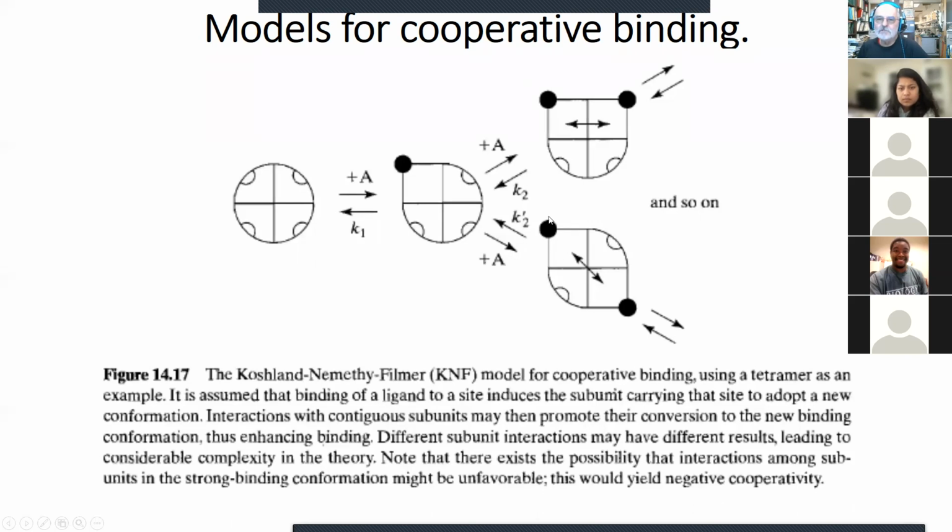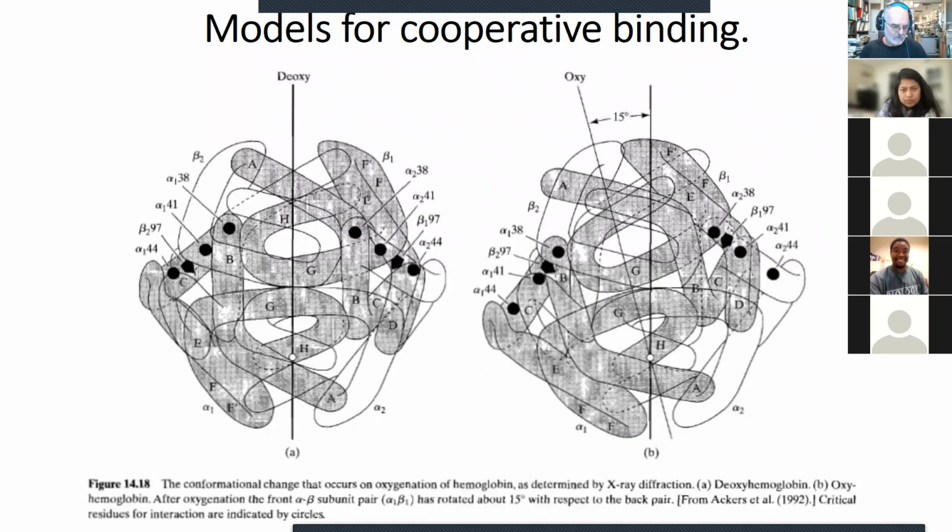But the transitions are more sequential and more gradual. And eventually you get to 4 sites bound and a total quaternary structure conformational change. They fit the data equally well. I'll say more about why the data is more complicated.